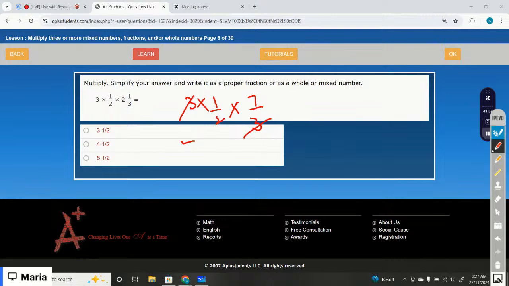Option number 2 is the correct option. That is 4 whole 1 over 2.